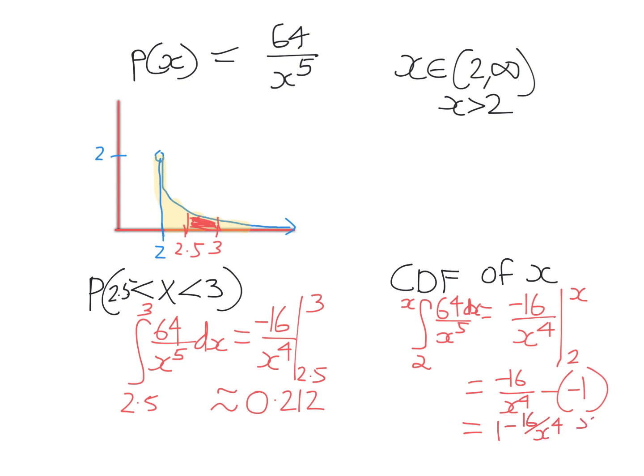Once again, x has to be greater than 2. What have I actually found? This, as I said, is a function. If you substitute any value for x, where x is greater than 2, this will tell you the probability that x is less than that value.